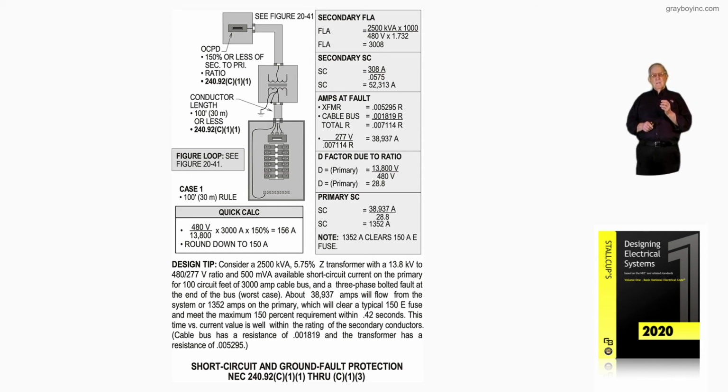Next step is your D factor due to the ratio. So we have to take the primary at 13,800, divide by the secondary, which is 480, and the ratio is 28.8.